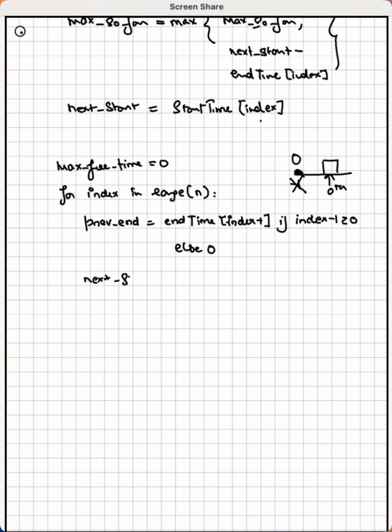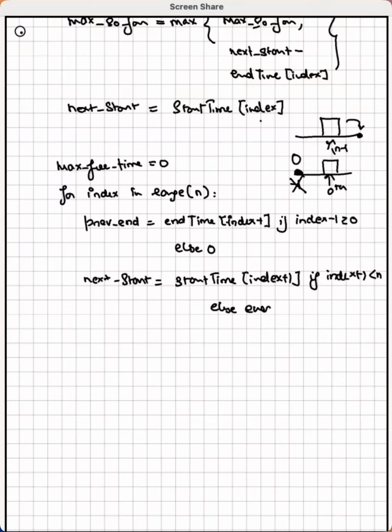My next start is equal to start time of index plus 1. Now this is possible if index plus 1 is lesser than n. Which is, if this is n minus 1 and I'm looking for plus 1 which is outside this bound, then I can return the event time here.